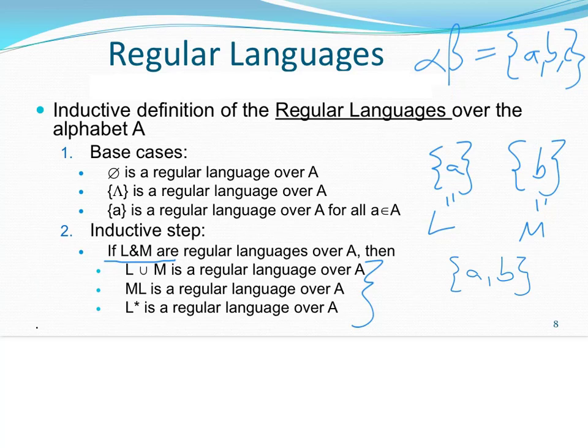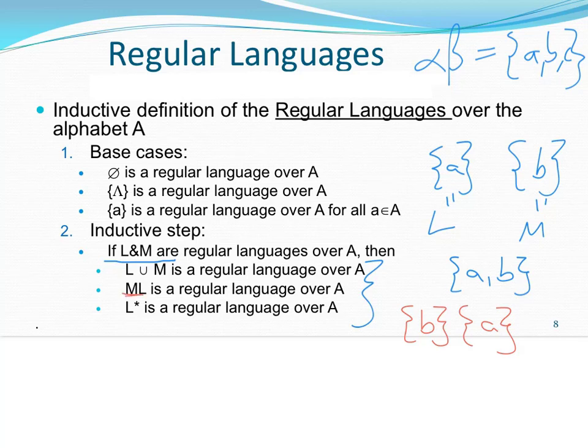Okay. Another thing that the inductive step tells us is that ML, the two sets concatenated together, is a regular language over A. So this tells us that, let me change color, the set {B}, which is M, concatenated with the set {A}. Of course, we could do it in the other order, but I'm doing M then L because that's what this line happens to say.